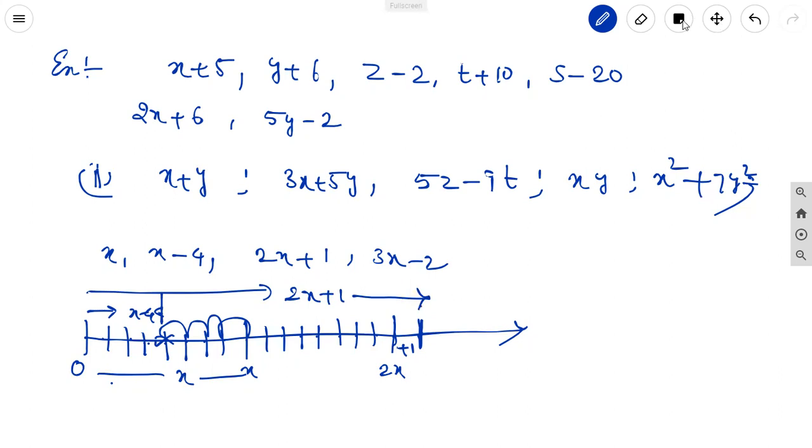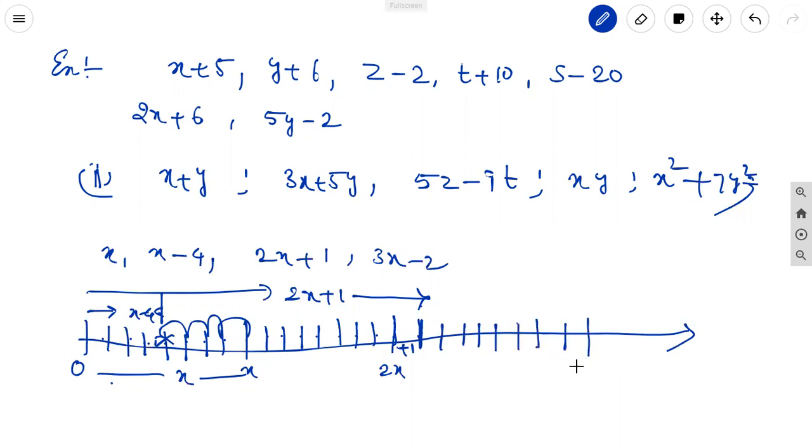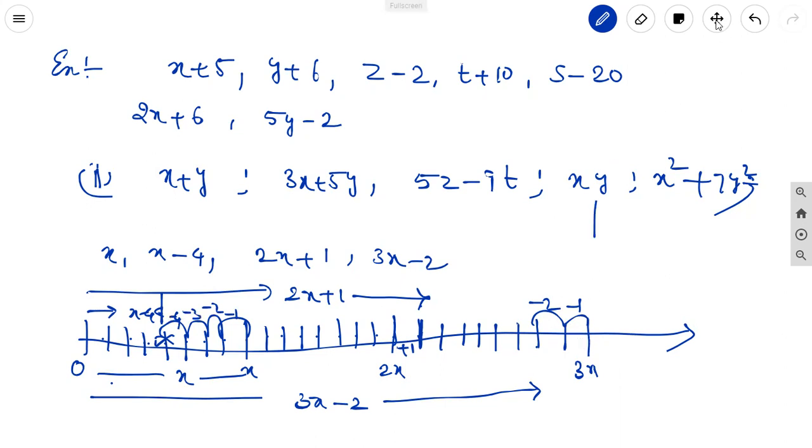Next we take 3x minus 2. 1, 2, 3, 4, 5, 6, 7, 8. This is the 3x minus 2. It is minus 1, this is minus 2, minus 3, minus 4. This is how we can show the expressions on the number line.